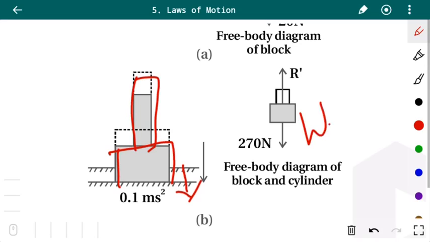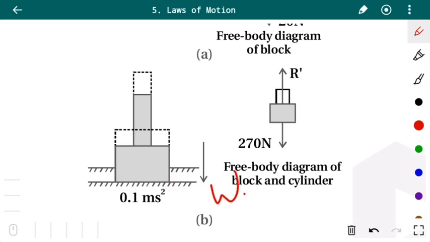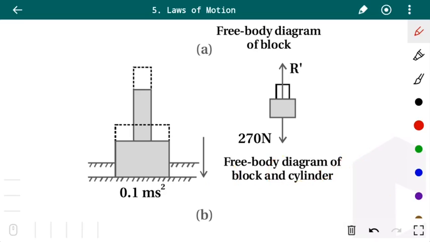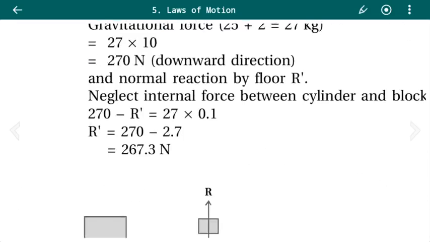Here weight equals the mass of the system, that is the mass of the block plus the mass of the cylinder, into g, that is (2 plus 25) into 10, which equals 270 Newton in the downward direction, and R dash, the reaction or the normal force, in the upward direction. This is the free body diagram for the second case.